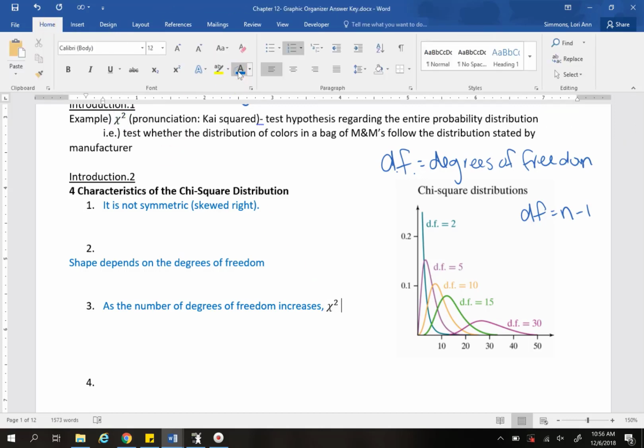Chi-square becomes more symmetric. And then the last one, the values of chi-square are non-negative. You can see that here. Right, these are positive values, or greater than or equal to 0.